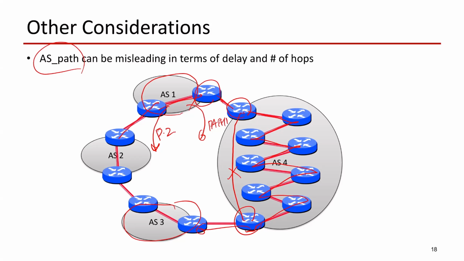But path 2 has a direct BGP-to-BGP connection, so the path is much clearer. Even though it is the same two hops from AS1 to AS3, it could be completely different. So in the view of the ASs, sometimes it is very confusing, because we don't know what it looks like internally, and they are not giving me clear information. You have to think about this when you are setting your AS paths.